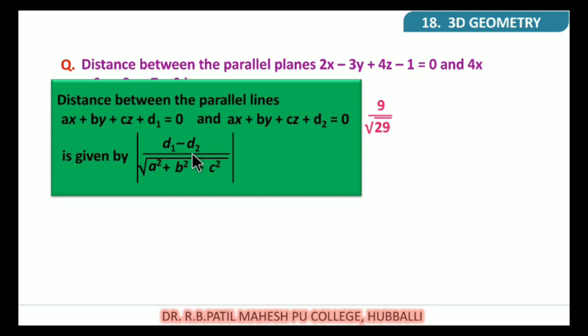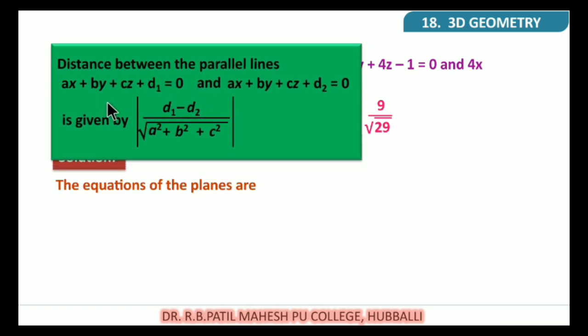Therefore the distance between the parallel planes will be given like this. Consider the equations of the planes 2x - 3y + 4z - 1 = 0 and 4x - 6y + 8z + 7 = 0. Students, I have already told you, if these two planes are parallel, then definitely the a, b, c values should be the same.